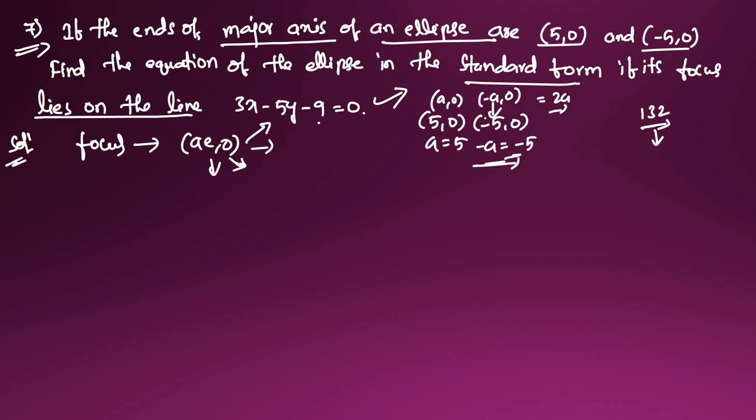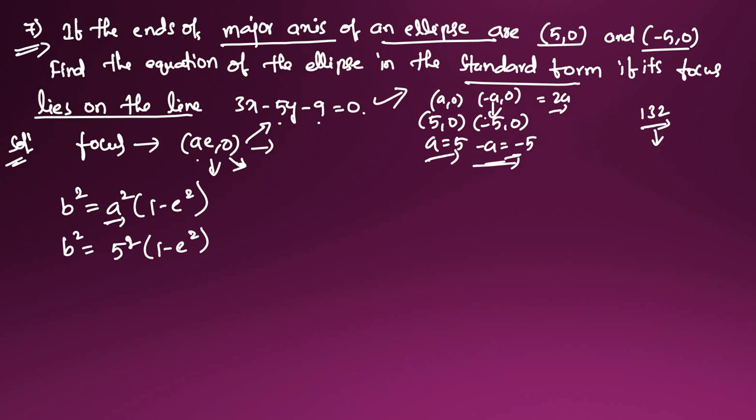Now, we can do this in different ways. I will take first b square is equal to a square into 1 minus e square, where the a value I know: a is equal to 5. b square is equal to 5 square into 1 minus e square.